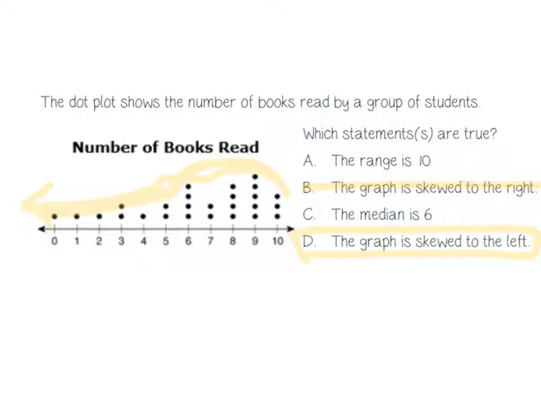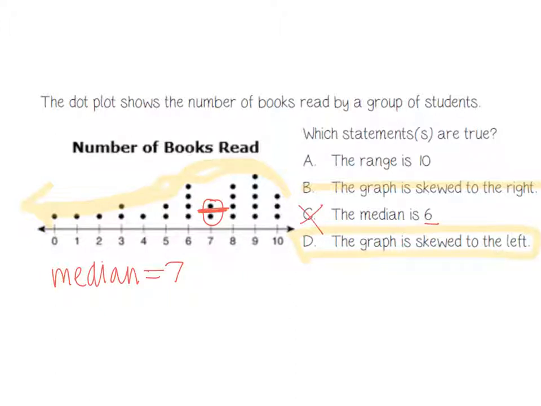So half of 26 is 13. Since it's an even number, I would have two values that I would need to average. So my red mark is where my median would be. It's the average of the same two numbers. So my median is 7. Well, it says 6, so I'm not liking that one.